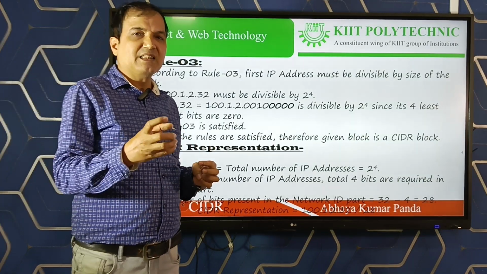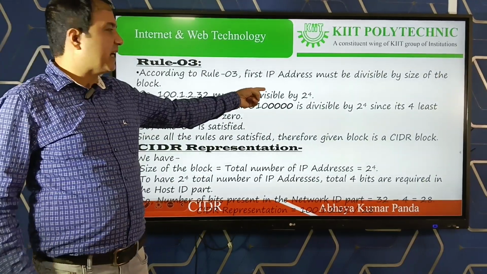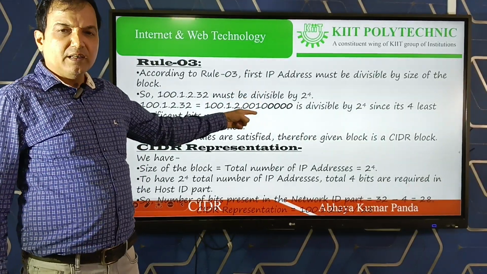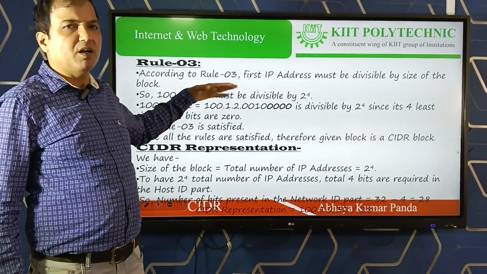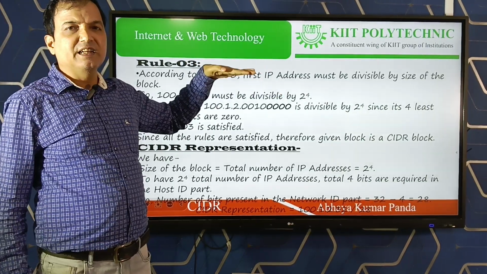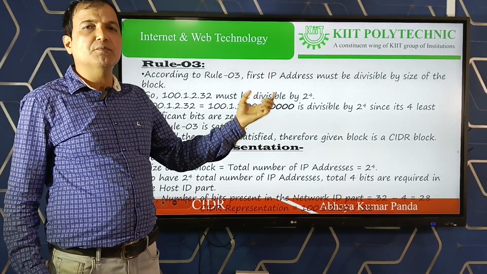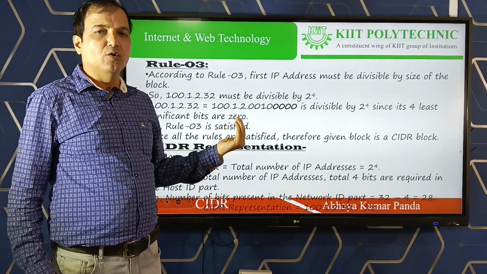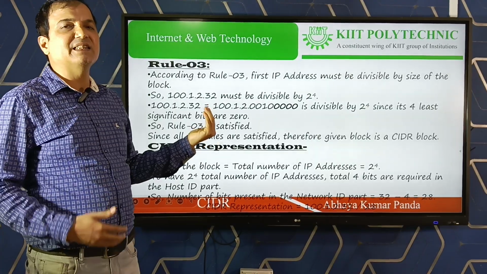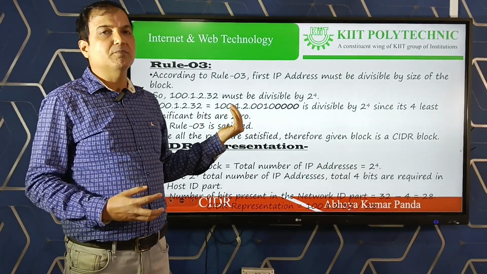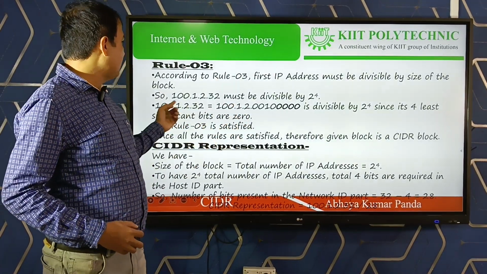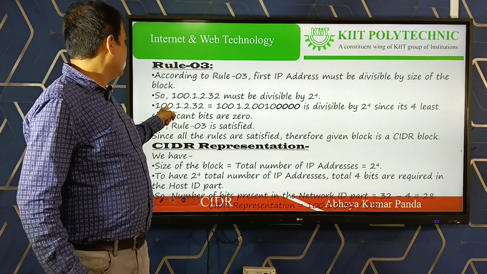The number of host bits is 4. If we convert the first IP address into binary notation and all the host bits are 0, then we can say that it is divisible by the size of that block.